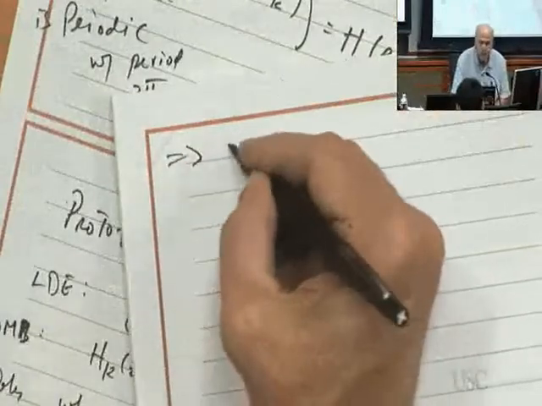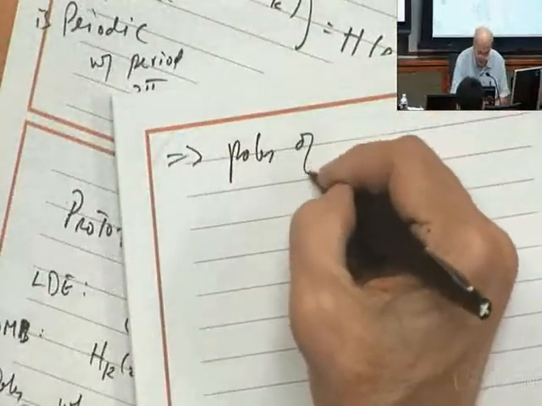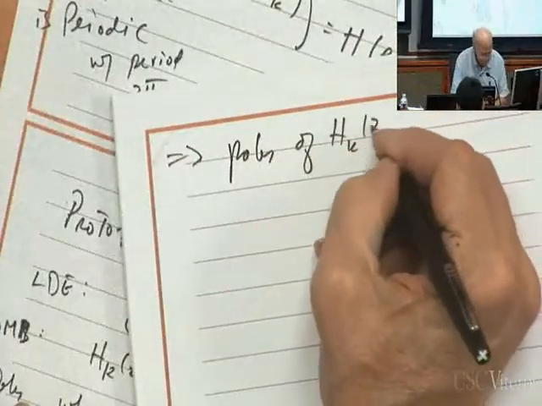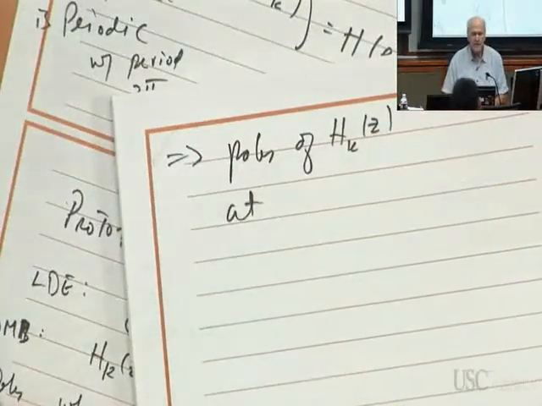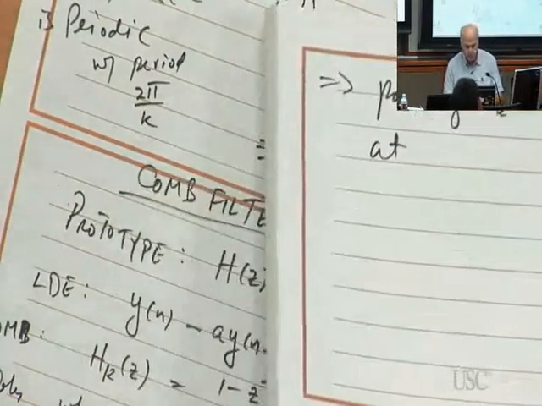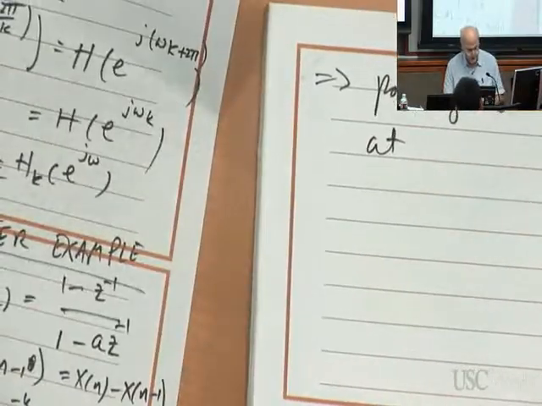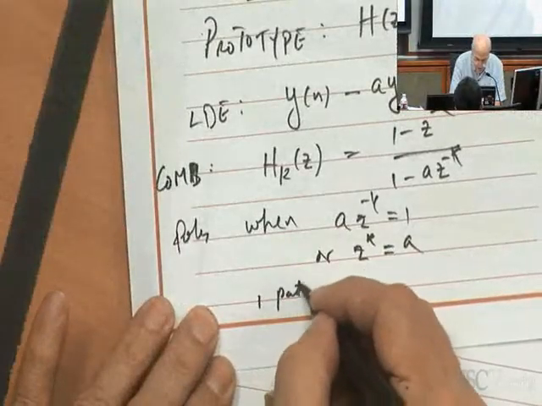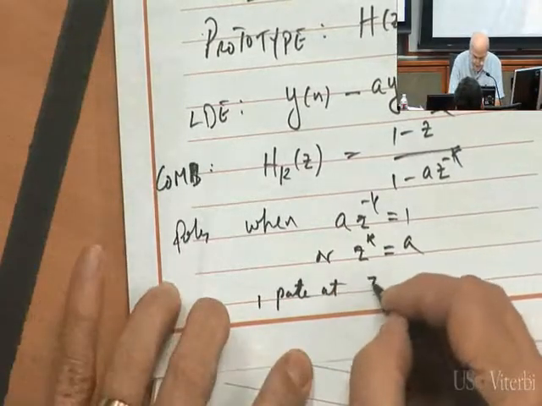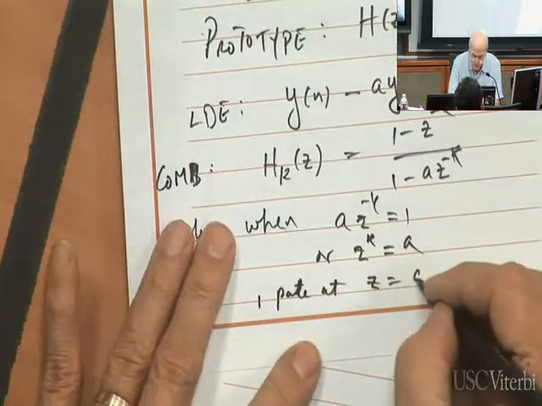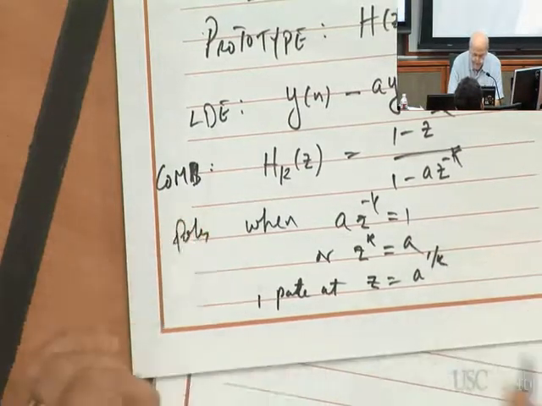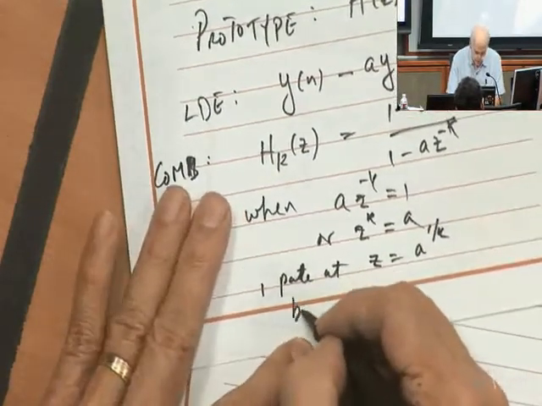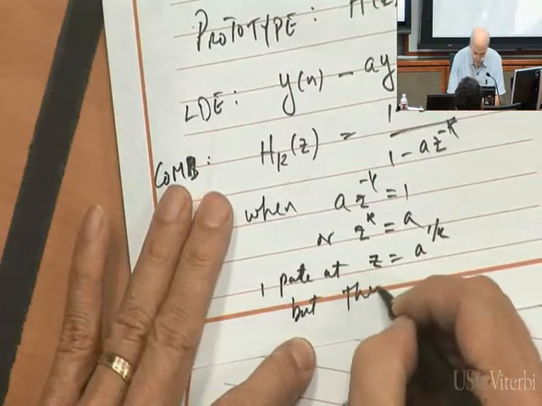What that implies is that the poles of h sub k of z are at, there are going to be multiple poles. One pole, of course, we know is at z equals the kth root of a, but there are more.